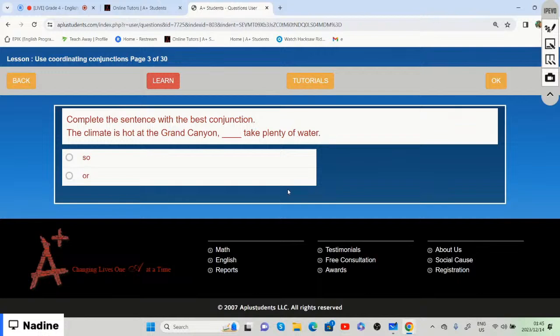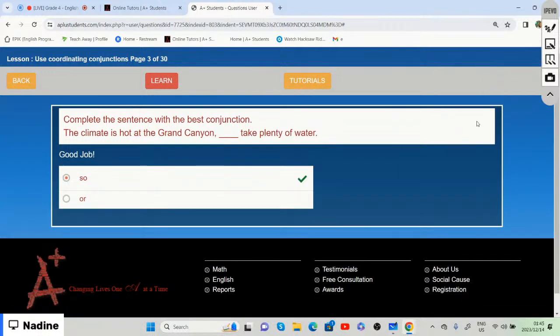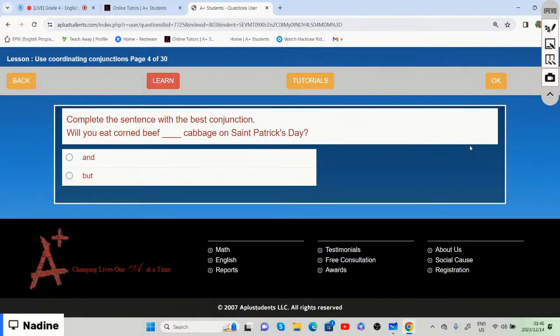So the climate is hot at the Grand Canyon, so take plenty of water. And "so" is correct. So well done.